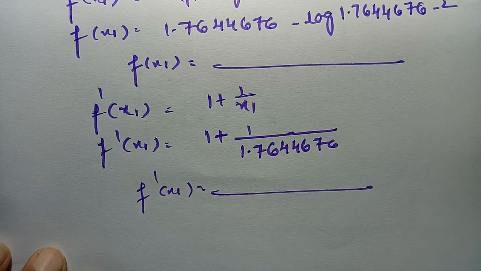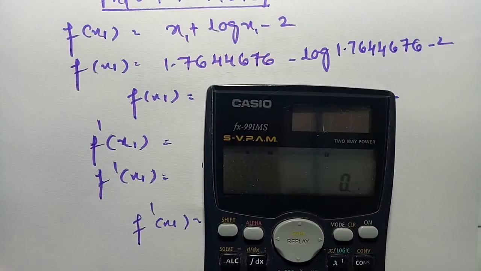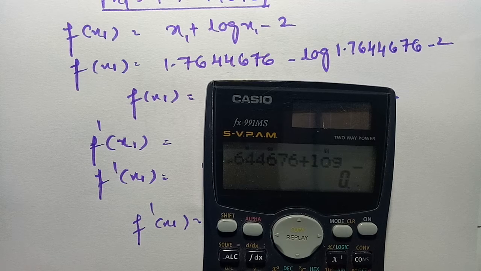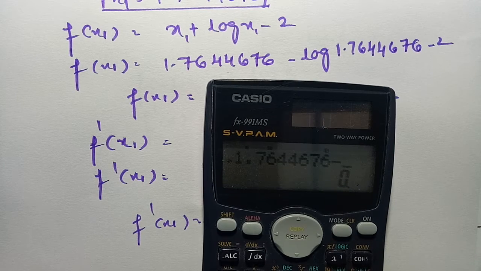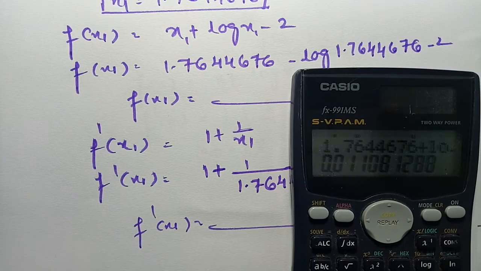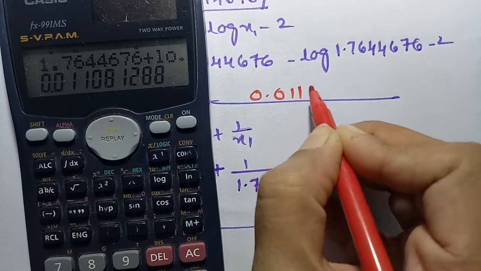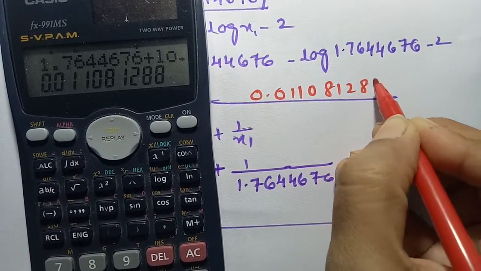So after getting these values, this value is nothing but 1.76444676 plus log of 1.76444676 minus 2, and the value here is 0.01101288.